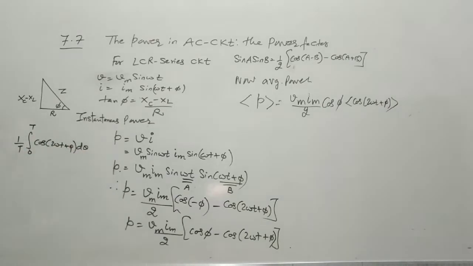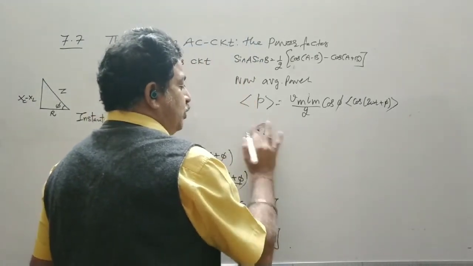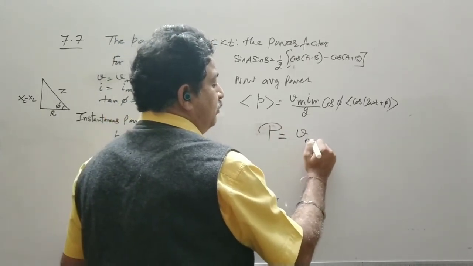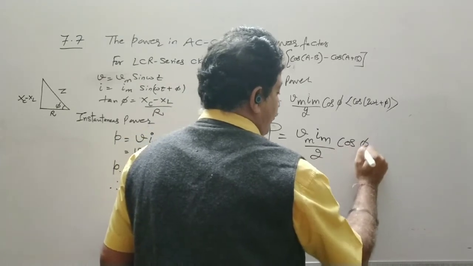You can find this integration and you will see the average will come out to be 0. So here we directly write that this average comes out to be 0. So average power, now using the symbol capital P, becomes Vm Im by 2 cos of phi.